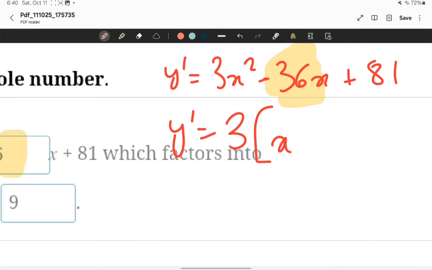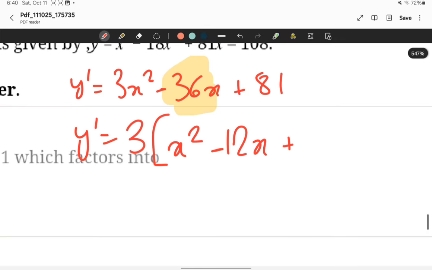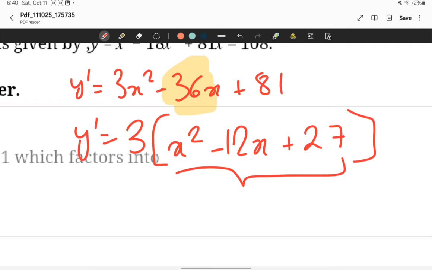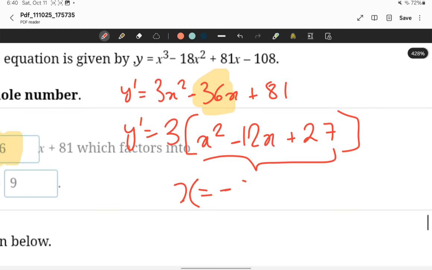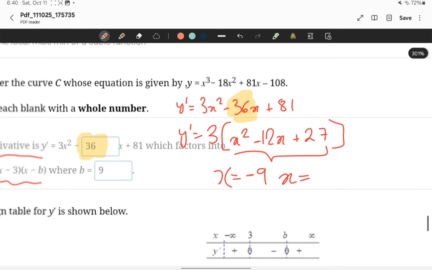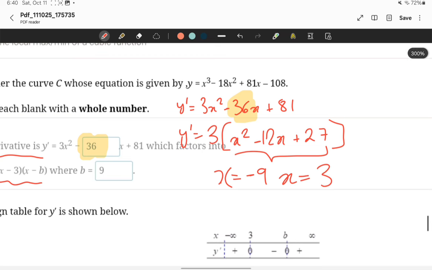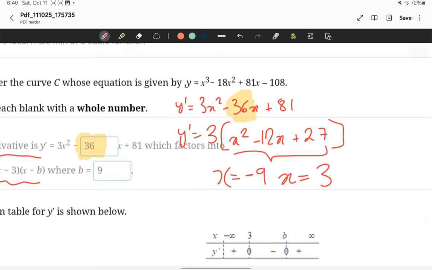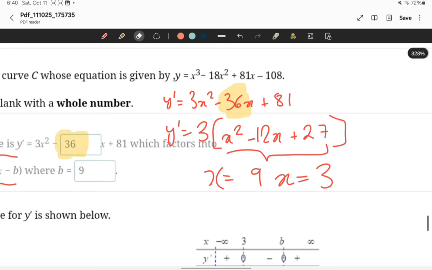It becomes x squared minus 12x plus 27, yeah? And this part here is the perfect factor. You could put this on your calculator and you get x equals, I believe, minus 9 and x equals 3. Wait, no, my bad, it's x is 9 and x is 3.